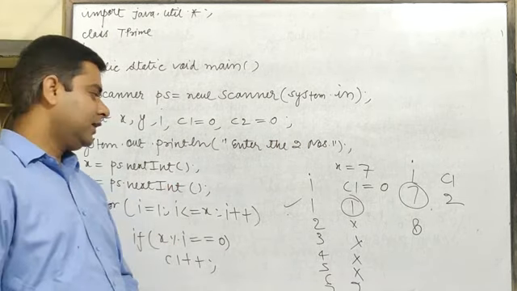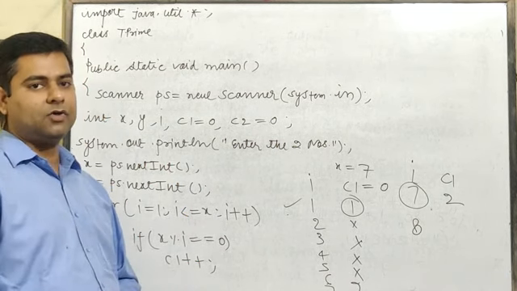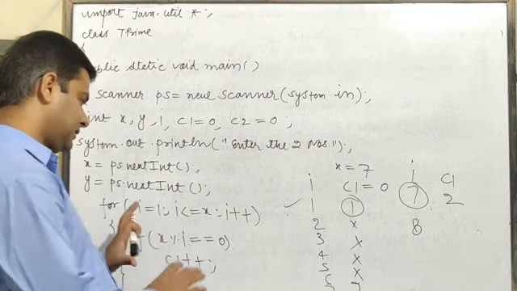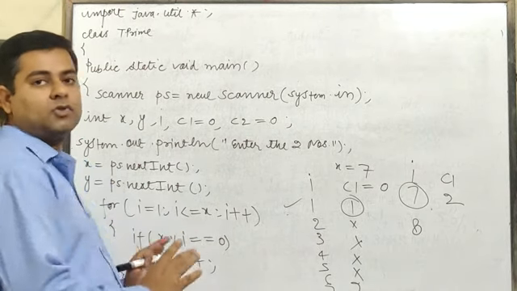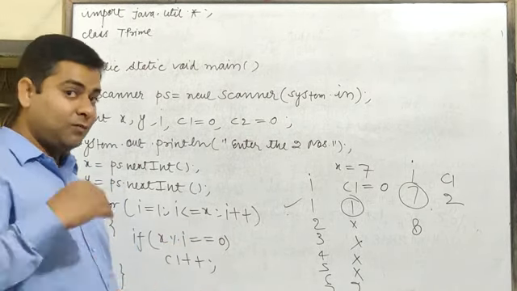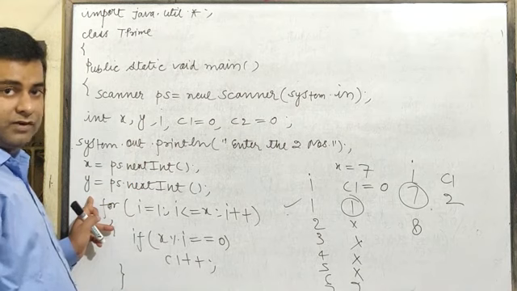Understood? So here, this is the concept to check a number to be prime or not. Now, after this loop we have written to count the factors of x, one more loop we have to write to count the number of factors of y, because we have to check y also, whether it is prime or not.